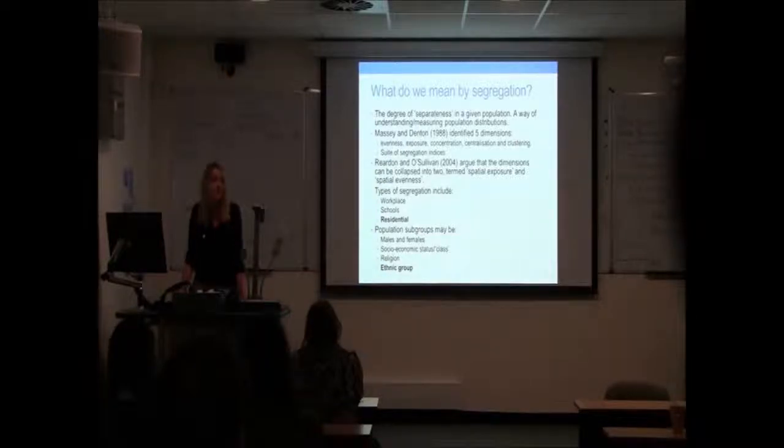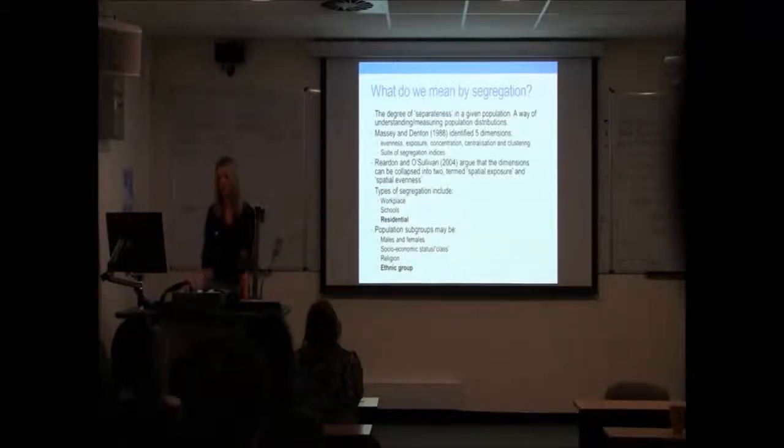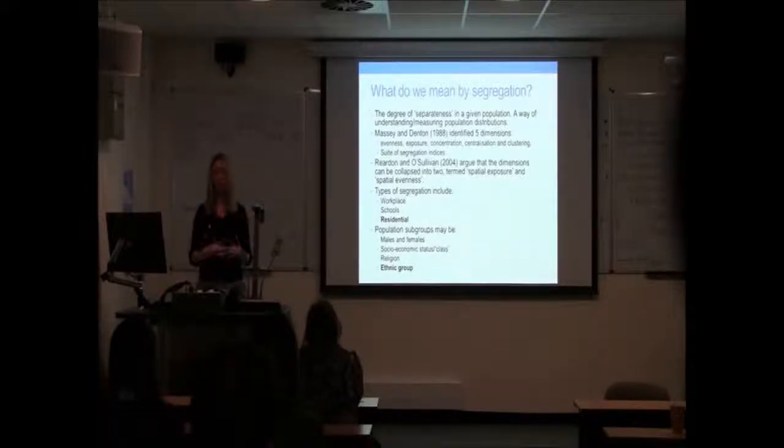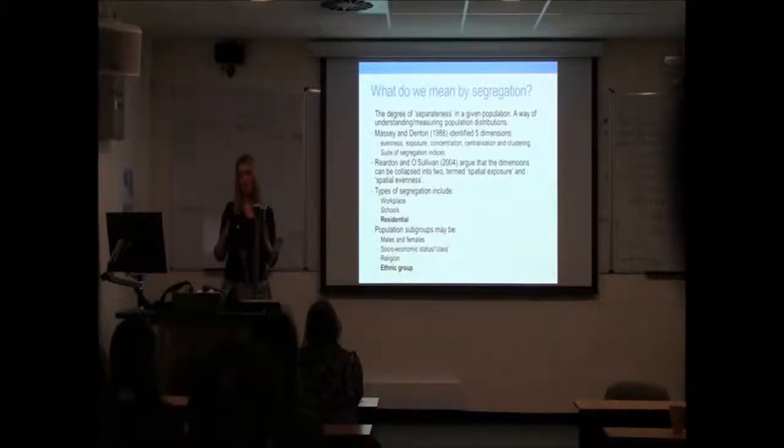And they identified 5 dimensions of segregation. This probably seems quite abstract to anyone who hasn't yet explored any of the segregation literature. But essentially, they said that the population could be measured and defined by its evenness, its exposure, concentration, centralisation or clustering. And with that there's a suite of segregation indices which measure these different dimensions.